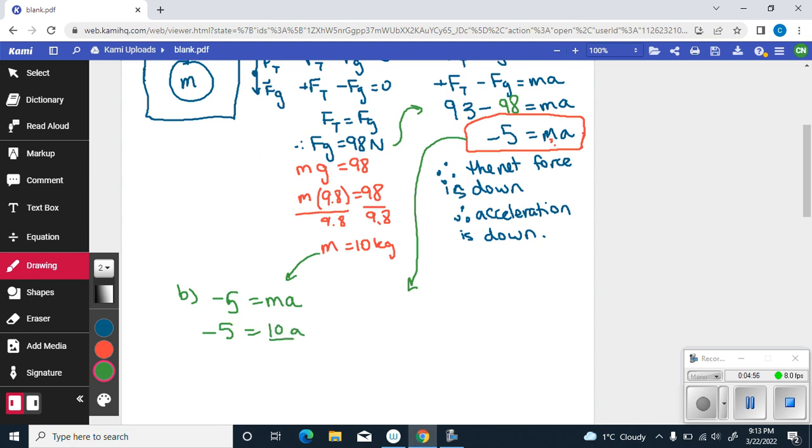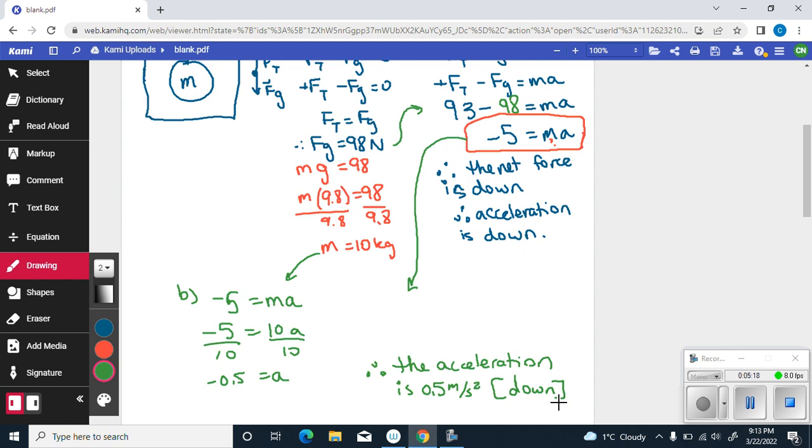Divide both sides by 10. Negative 5 divided by 10 gives me a negative 0.5 equals acceleration. Therefore, the acceleration is 0.5 meters per second squared. And I defined the negative as down, so therefore it's down.